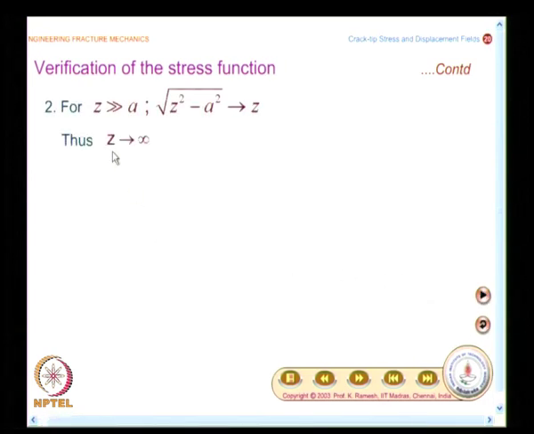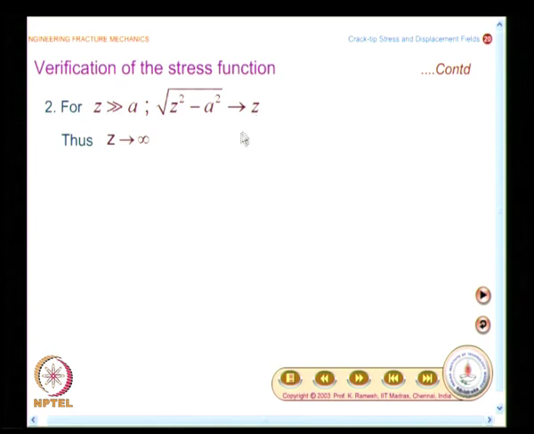We are going to look at what happens at the far field, that means small z approaches infinity, or in other words z is much larger than a. So, I could simplify this expression for large z.